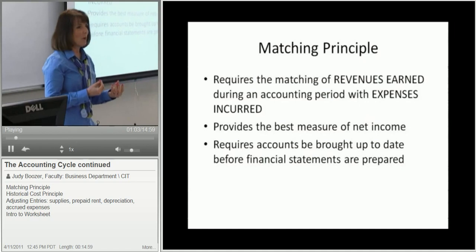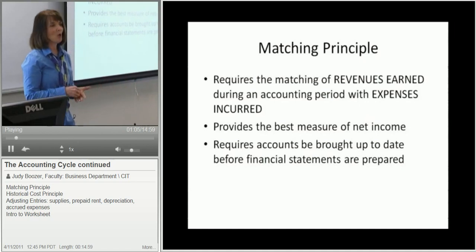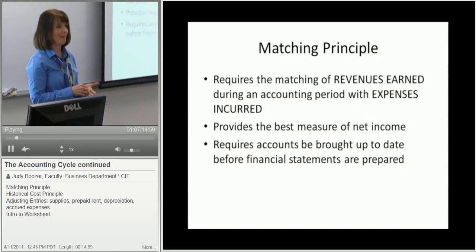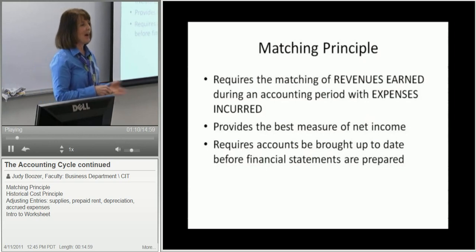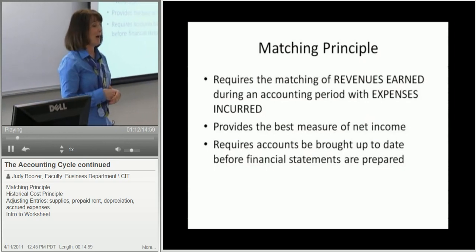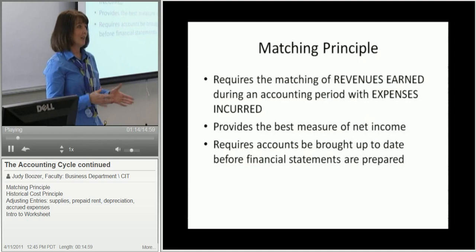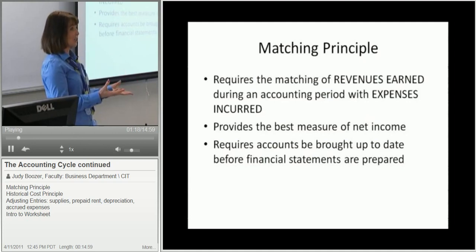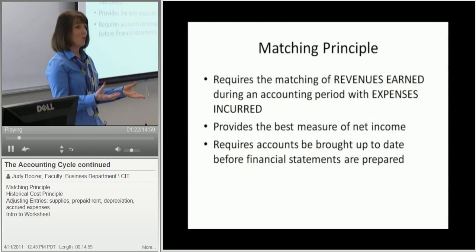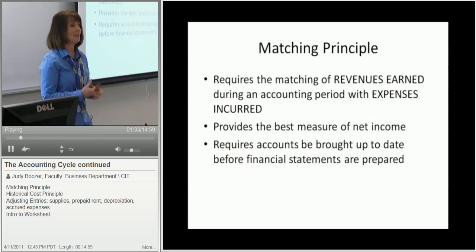Otherwise, you may record your revenue and then not record your expenses because you're not paying them till later, and show someone an income statement that looks like you made more money than you actually did. And what could that cause? Maybe someone to invest that would normally not have done so if they had seen an accurate accounting of your income.